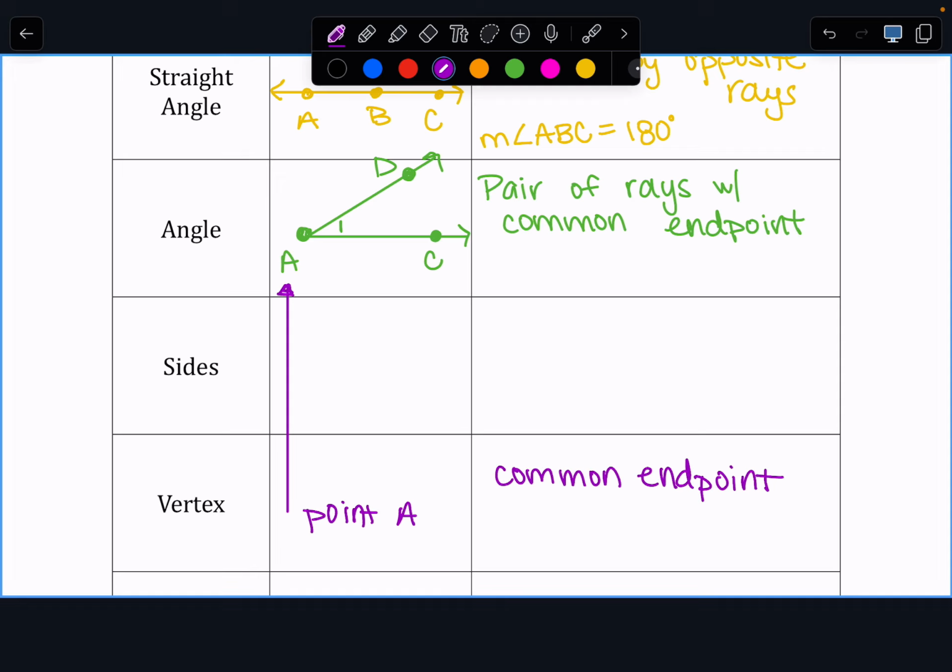Now, what feature would we say is creating our sides? Jay? The lines are the rays. Okay, not lines, but rays. The rays are going to be the sides. So in this picture up here, our sides would be AD and AC.